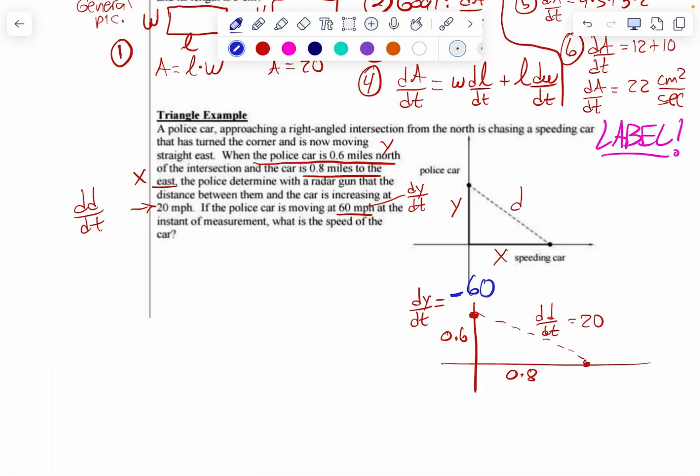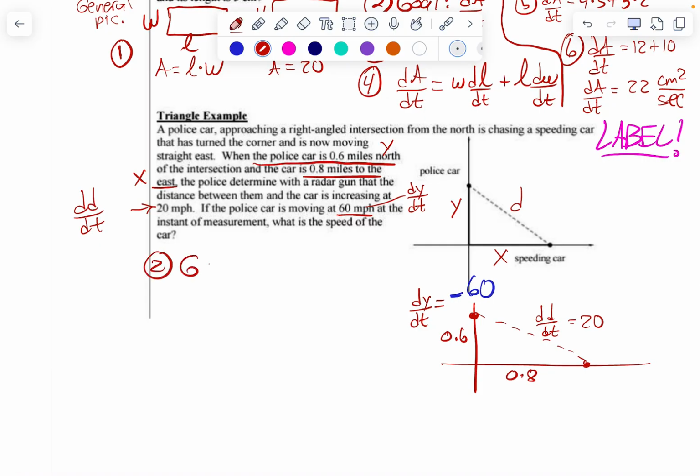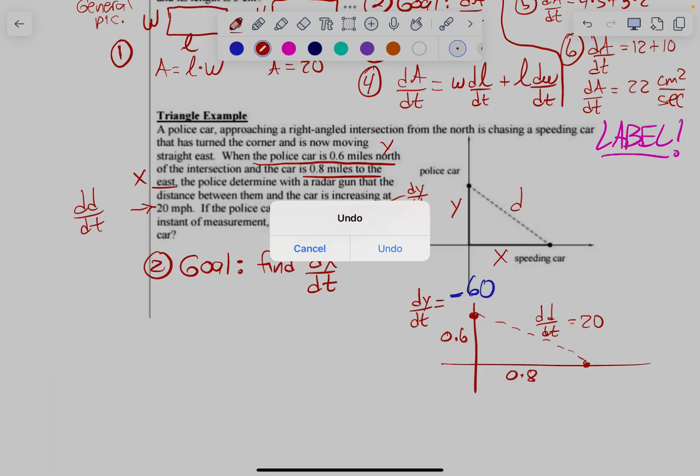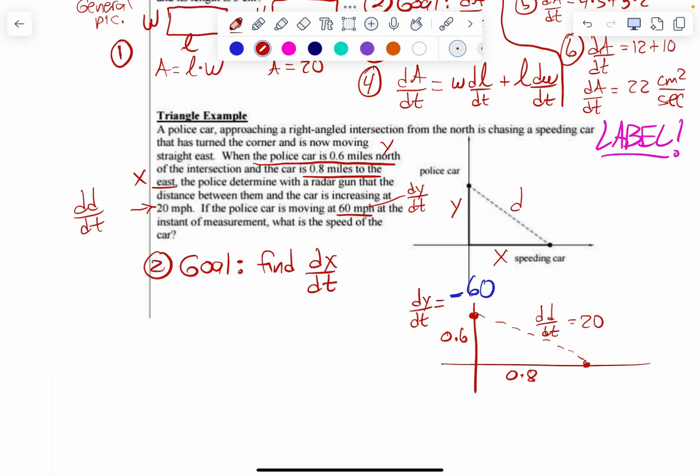Okay. All right, everything's set up. Step 3. Actually, no. What's our goal? Step 2. How fast is the car going away? What if the car had turned, come in the same direction as the police car but turned right? What sign would its information be?